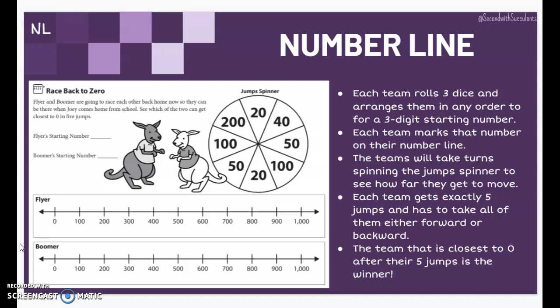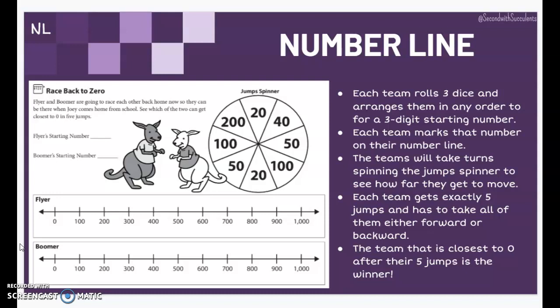Each team will roll 3 dice and arrange them in any order to form a 3-digit starting number. We will be trying to get the closest to 0 this time, so you might want to arrange a number that's a little smaller than our numbers we made last time when we were trying to get to 1000. After we arrange our numbers, each team will mark that number on their number line.